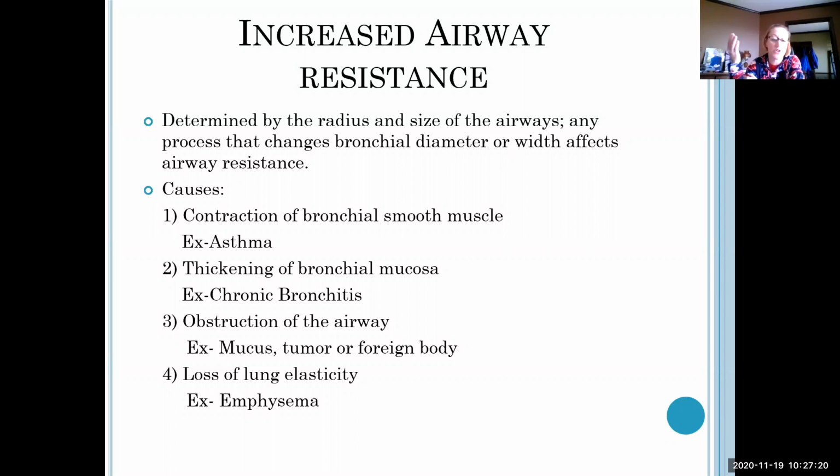Asthma would be contraction of bronchial smooth muscles. Thickening of bronchial mucosa would be an example with our chronic bronchitis patients. Obstruction of the airway is pretty self-explanatory: mucus, tumor, foreign body, those types of things. And then loss of lung elasticity, as in emphysema.